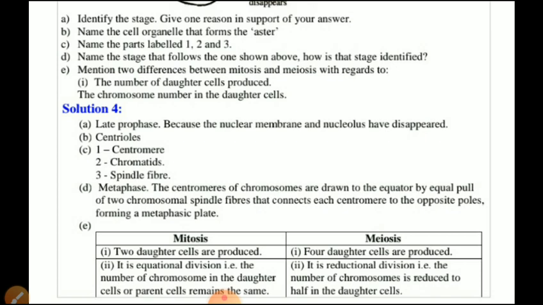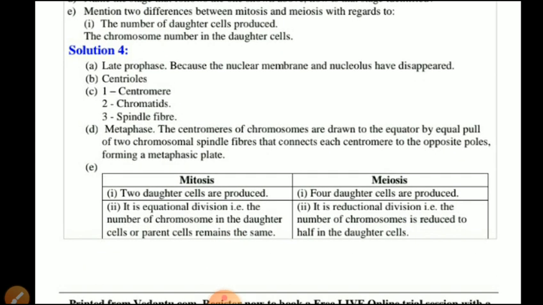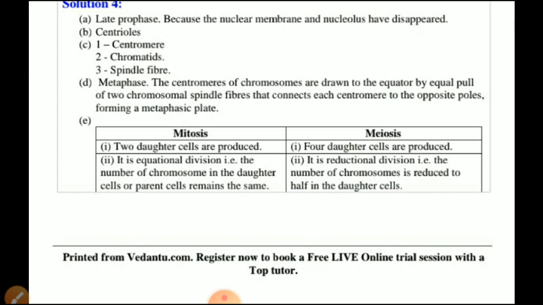Question E. Mention two differences between mitosis and meiosis with regard to the number of daughter cells produced and the chromosome number in the daughter cells. Two daughter cells are produced during mitosis.